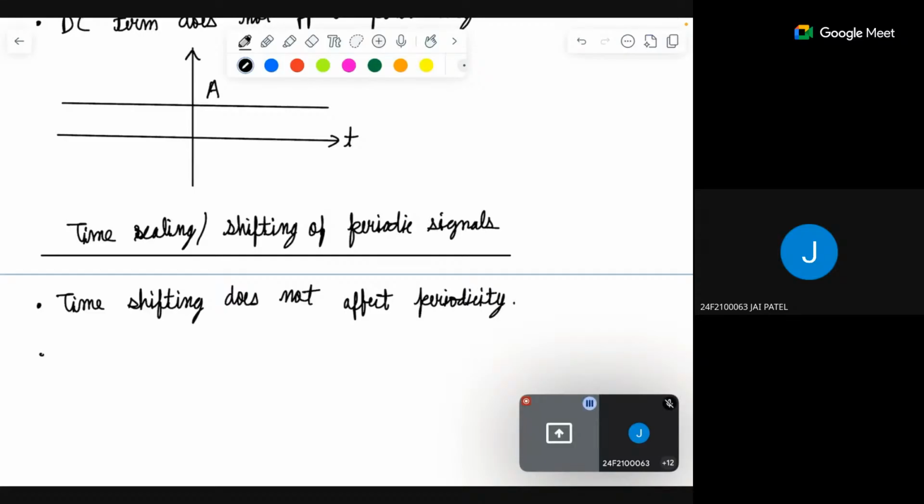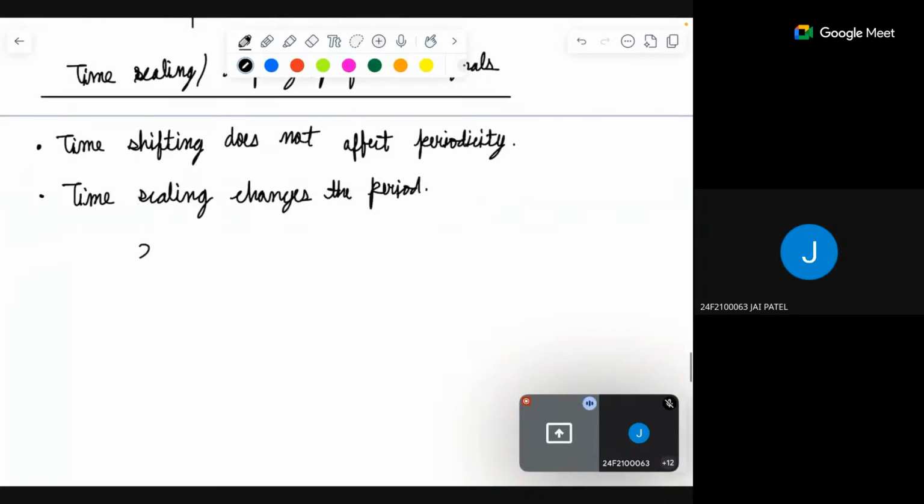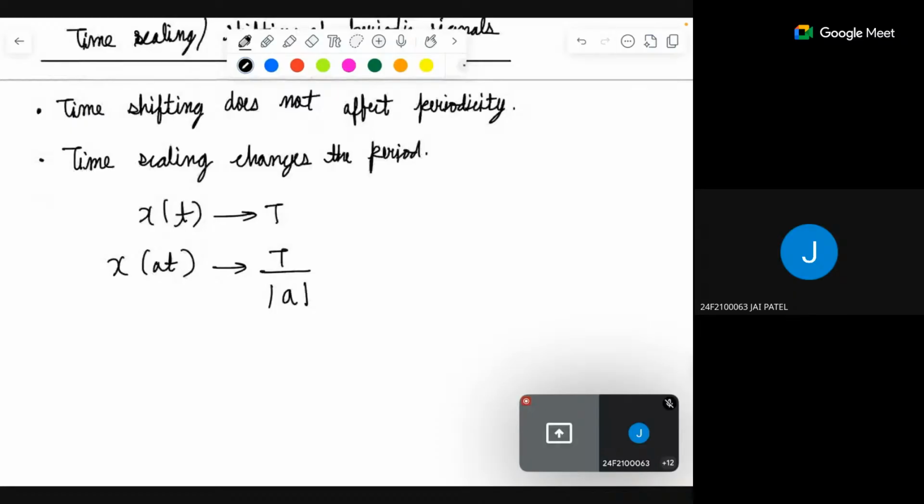Yes. Time shifting does not, but time scaling changes the period. So if I have a signal x of t with a period of T, and then I do this time scaling, my period will become T by mod a. If mod a is less than 1, the period will increase. If mod a is greater than 1, the period will decrease.